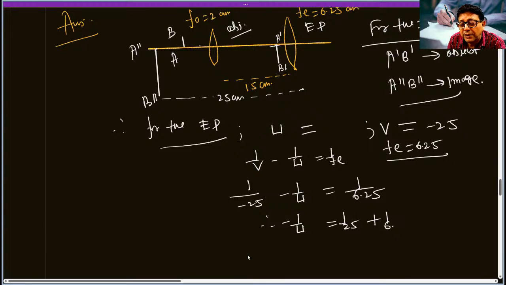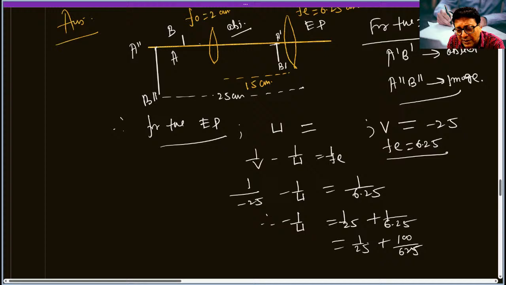So minus 1 by U, and 6.25. So take the LCM of these two. You just, because 6.25 and that 25 will divide that. So how do you add this thing? Will you multiply 6.25? No. So it is better you write this one as 100 by 625.